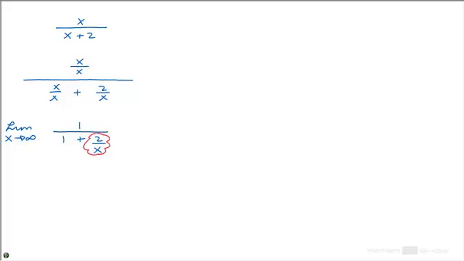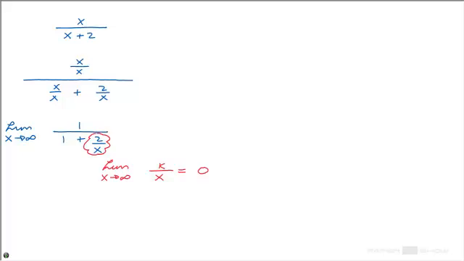There is a rule that says the limit as x goes to infinity of any constant over a variable will always go to 0. That constant can be 1, it's 2 in this instance, it can be anything.